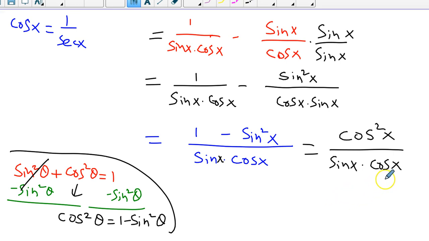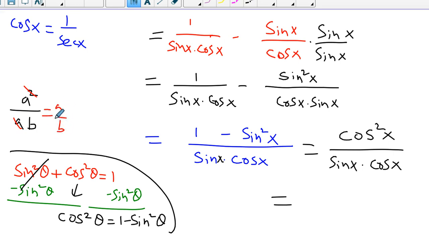No, not yet, because I am seeing a cosine x here and in the numerator also cosine x, so I can cancel them off. It is just something like, if I have a square over ab, on simplification what happens? Here two a's are there. A square means a times a, so one a is gone with that a, and you are left over with a over b.